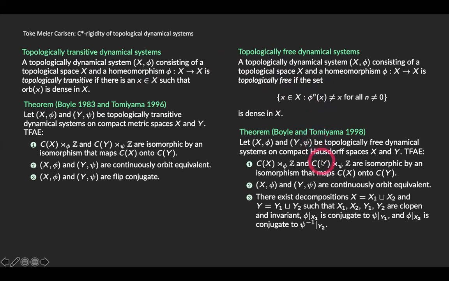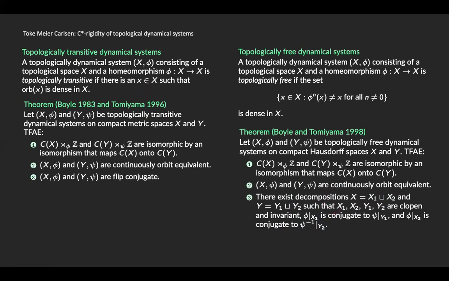And moreover, if the systems are topologically transitive, so there is a dense orbit, then when you make such a decomposition, I think I forgot to say that X1 and X2 and Y1 and Y2 have to be invariant. So if the systems are topologically free, then these two decompositions are trivial.